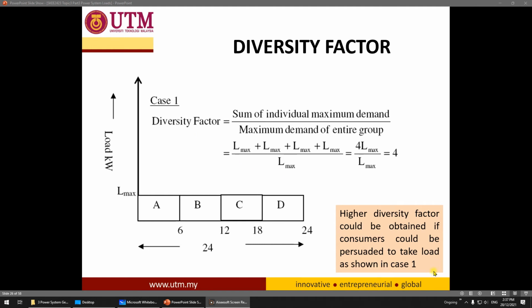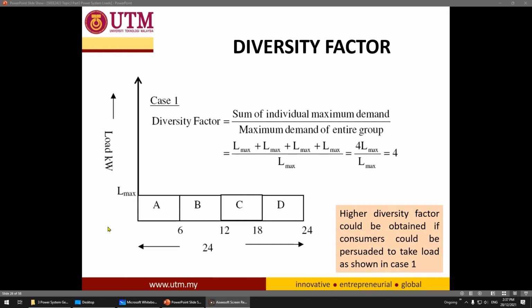Higher diversity factor could be obtained if the customer could be persuaded to take load action, as in this case. You can see here diversity factor is the sum of individual maximum load demand over the maximum load demand of the entire group.